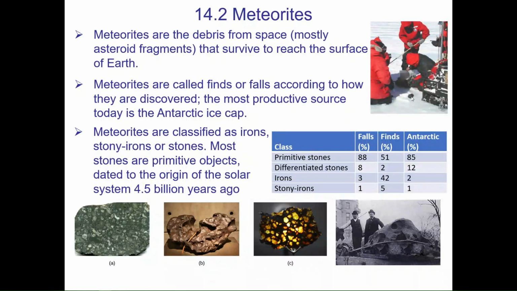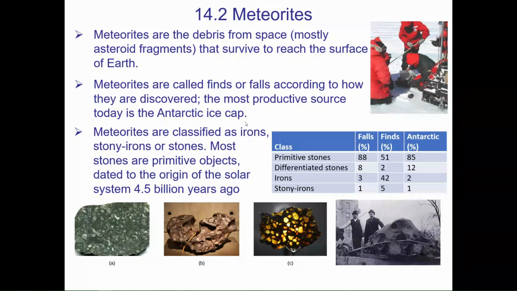And second, because of the extremely cold temperature in the Antarctic ice cap, meteorites are preserved well by the frozen ice and therefore not subject to too much weathering, for example wind erosion or water erosion, as at other locations. So far, the most productive source of meteorite discovery is the Antarctic ice cap.